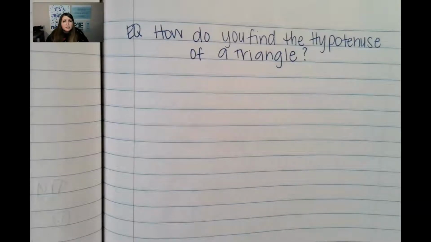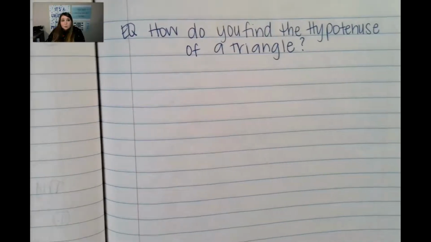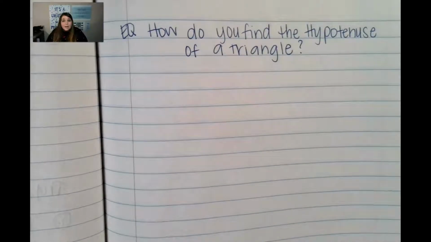And these triangles come to us with a really famous rule in math. And this rule is called the Pythagorean Theorem. The Pythagorean Theorem was found by a Greek mathematician and philosopher whose name was Pythagoras.